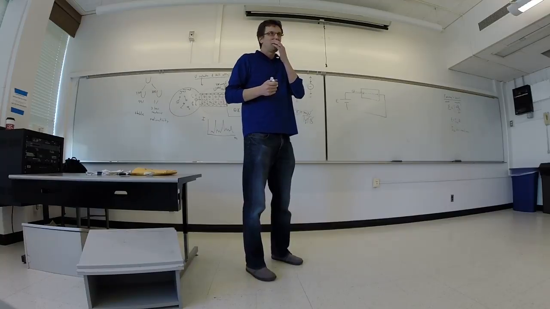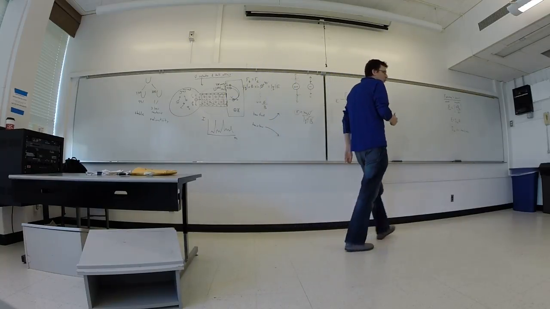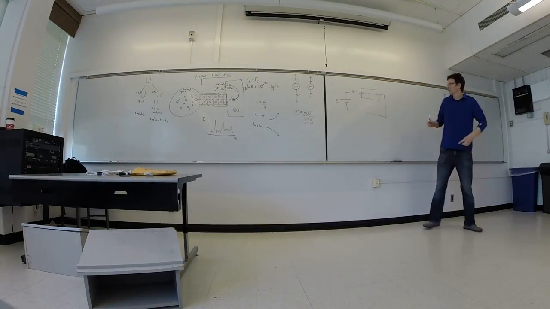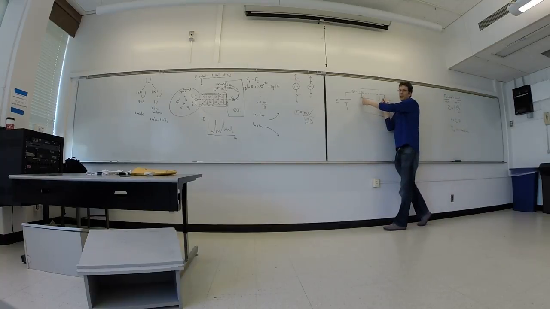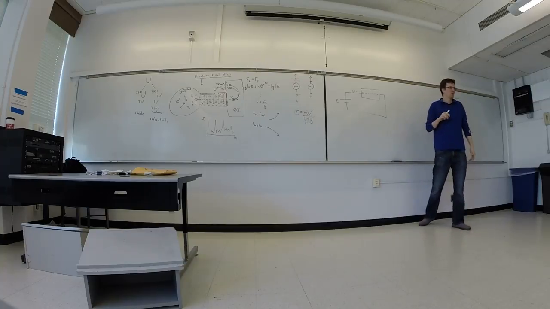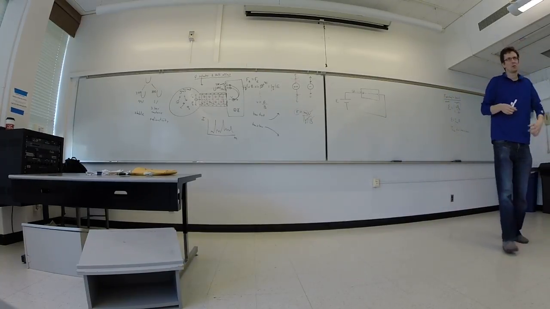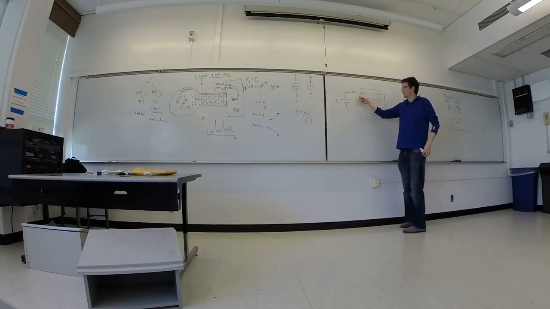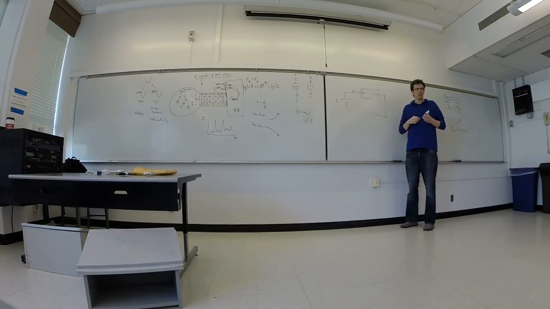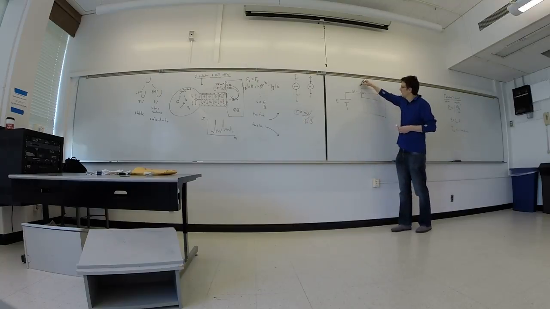So if we were to grab one of our voltmeters, we would certainly measure a voltage difference between here and here. Of course, I can characterize this as a conductor, but real conductors do have resistance, right? So there'll be a voltage drop. The left end will be the higher end. The right end will be the lower end, right? So there will be a voltage difference between here and here, right?